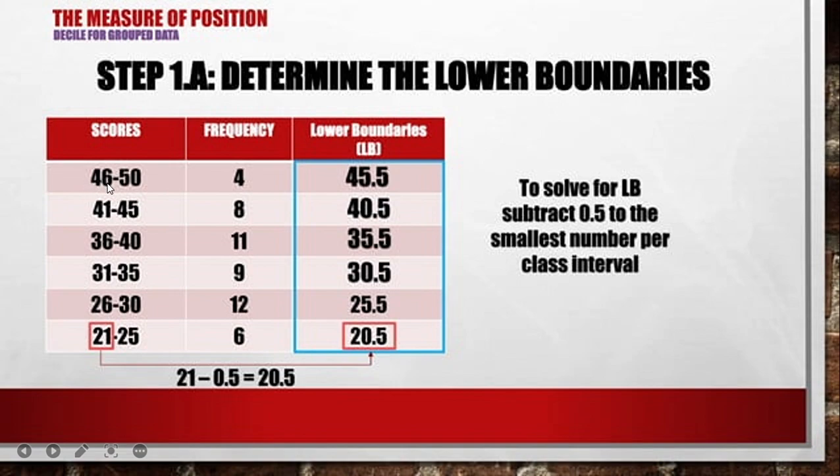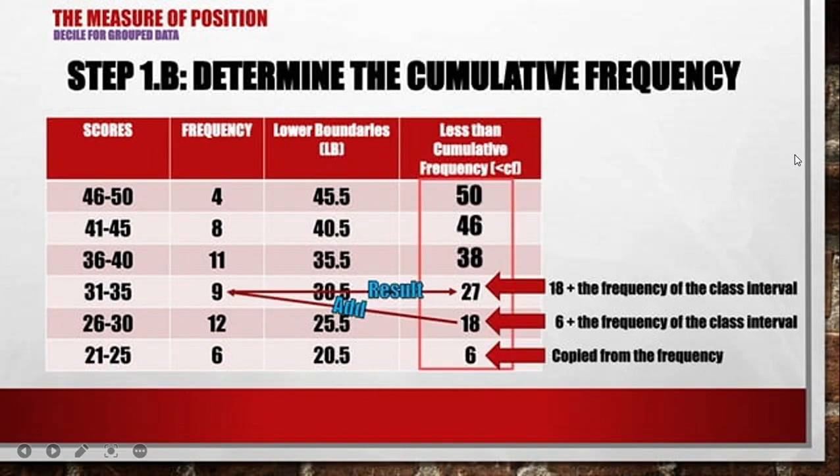So 46 minus 0.5, the answer is 45.5. 41 minus 0.5, the answer is 40.5. 36 minus 0.5, the answer is 35.5, and so on. Mao na ang step number 1.